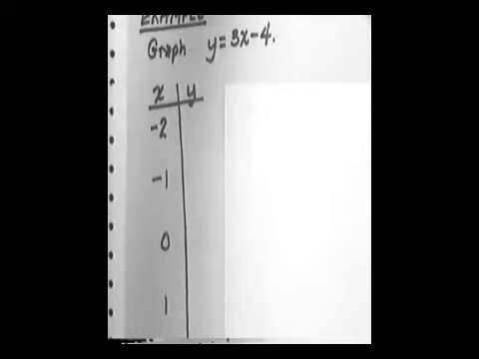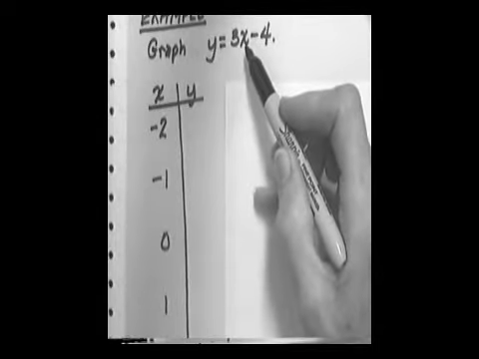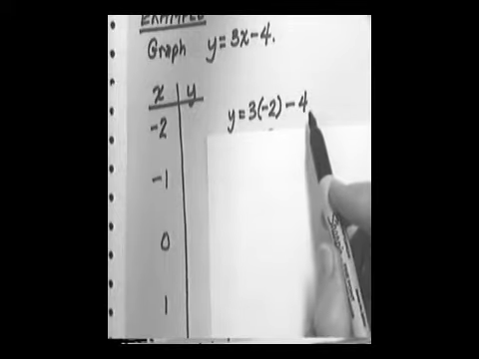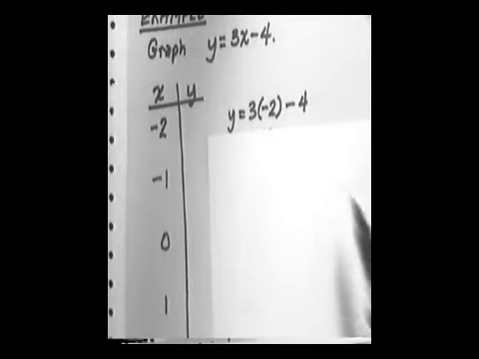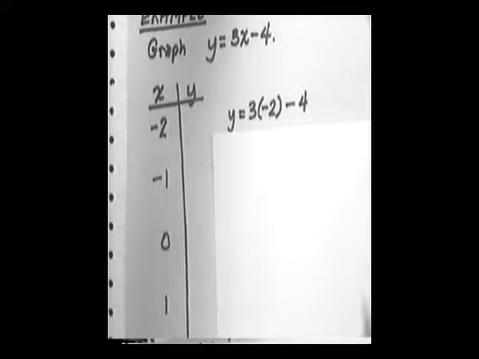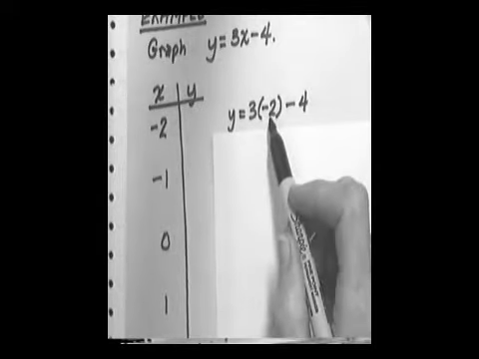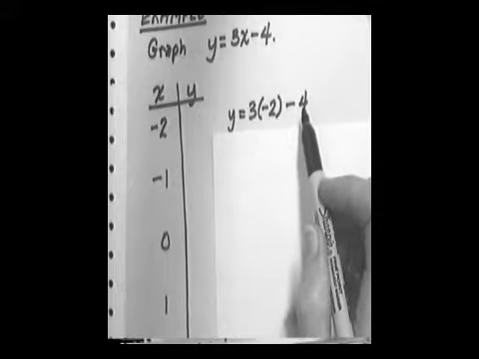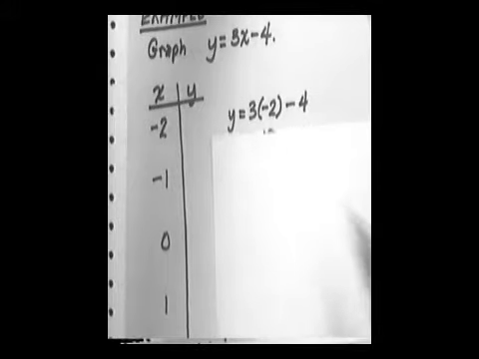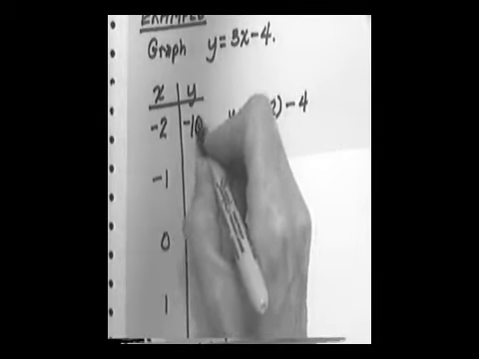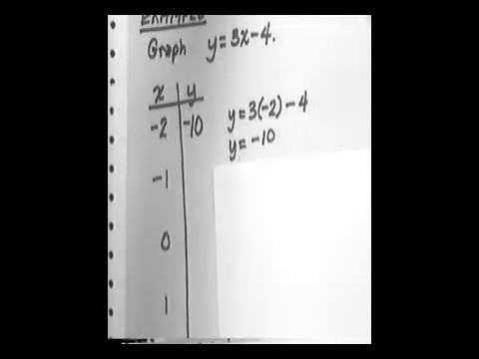We begin with -2, so that means we will replace x in our equation with -2, and that gives us y equals 3 times -2 subtract 4. Well, 3 times -2 is -6. -6 subtract 4 is -6 add -4, which is -10. And so our first ordered pair is -2, -10.